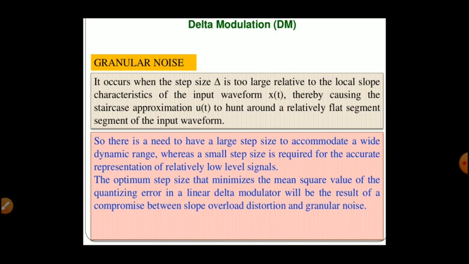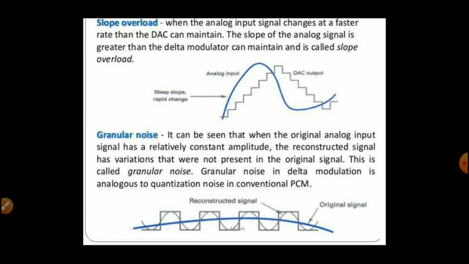So there is a need for a large step size to accommodate a wide dynamic range, whereas a small step size is required for the accurate representation of relatively low signals. The optimum size that minimizes the mean square value of the quantizing error in a linear delta modulator will be the result of a compromise between slope overload distortion and granular noise.